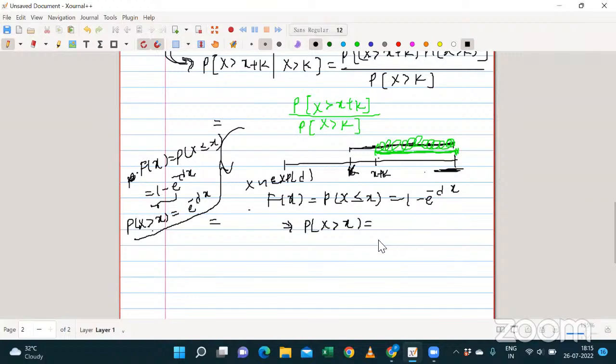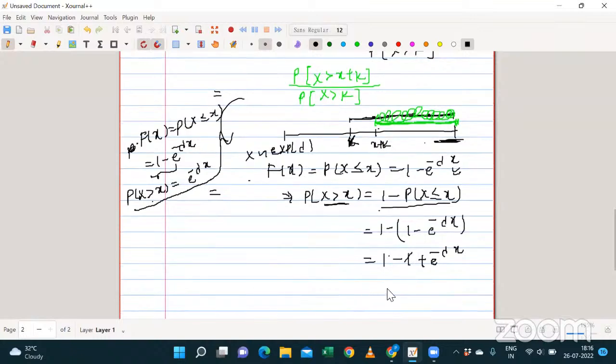So 1 minus, and the value of probability X less or equal to x is this, so 1 minus 1 plus e raised to the power minus lambda x. Here your 1 will get cancelled out, so e raised to the power minus lambda x. You can memorize this quantity also. So if X follows exponential lambda, then this is it. Have you watched the lecture video? These things, the derivation and all, are clearly explained in the lecture video. Is this clear? Yes, sir, clear, sir.